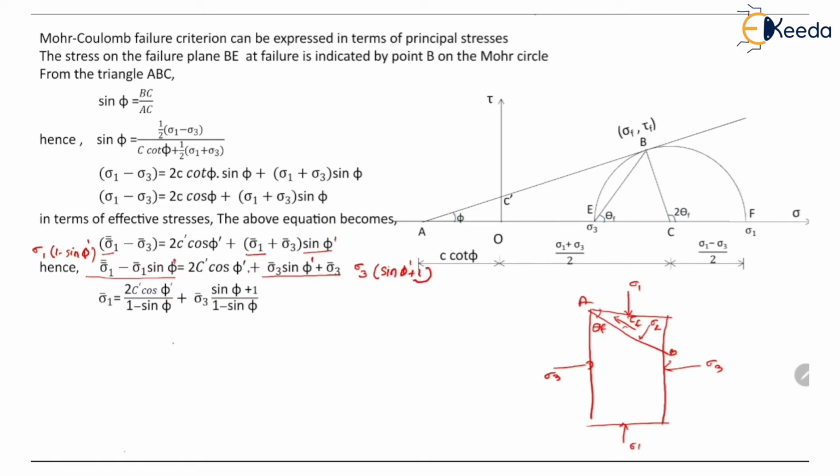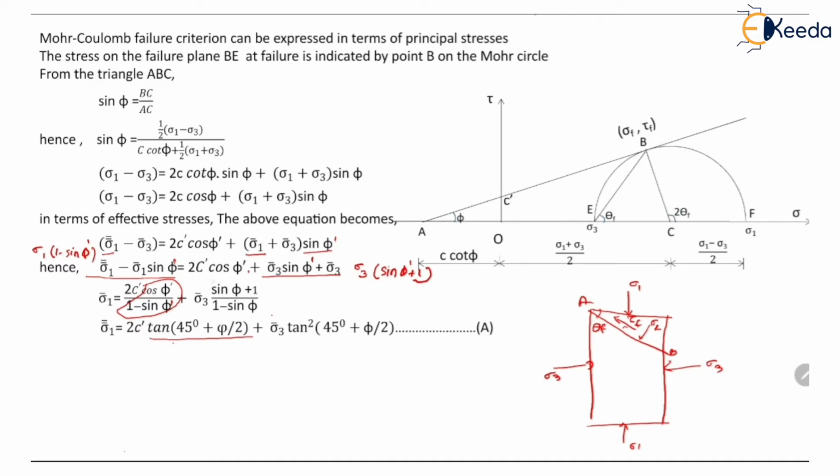So this equation will be simplified as sigma 1 bar equal to 2c dash cos phi dash divided by 1 minus sin phi dash plus sigma 3 bar into sin phi dash plus 1 divided by 1 minus sin phi dash. So we have divided the above equation by 1 minus sin phi dash. Now we can write cos phi dash divided by 1 minus sin phi dash as tan 45 degree plus phi dash by 2.